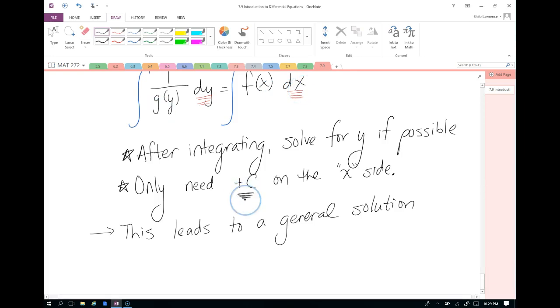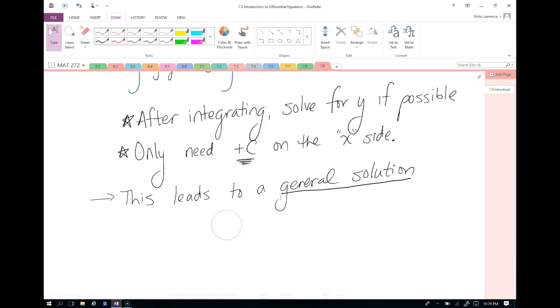Putting any arbitrary constant into that plus c spot will still make the function work. It'll still make it a solution. So when we leave the plus c in there, we call it a general solution. So a general solution still contains the arbitrary constant.